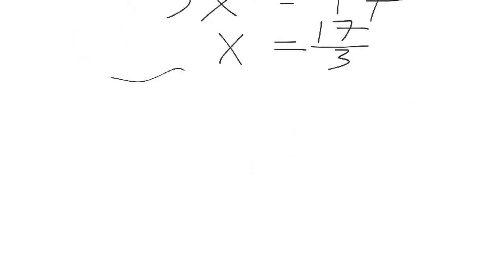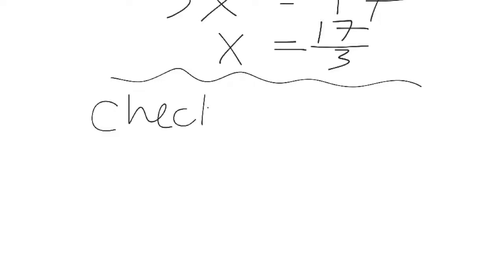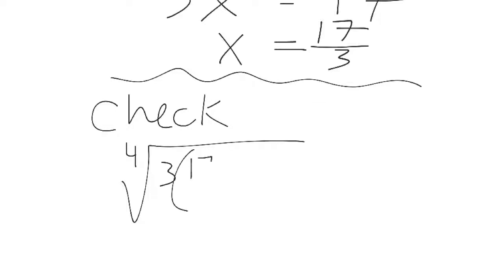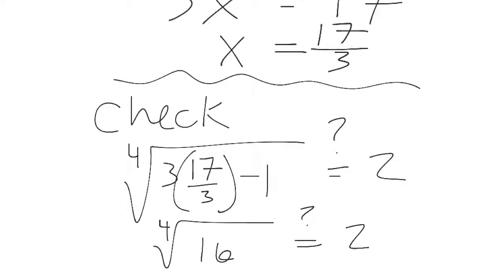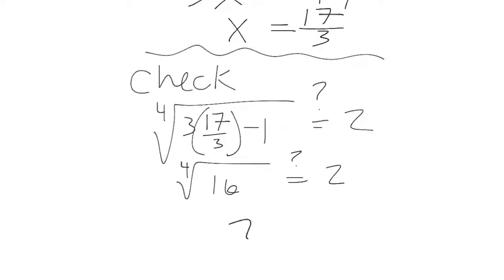We have to check our one solution. Substituting, we get, after the 3's cancel, 16. Is the fourth root of 16 equal to 2? Yes. So therefore, x equals 17 over 3 is the one solution that we have.